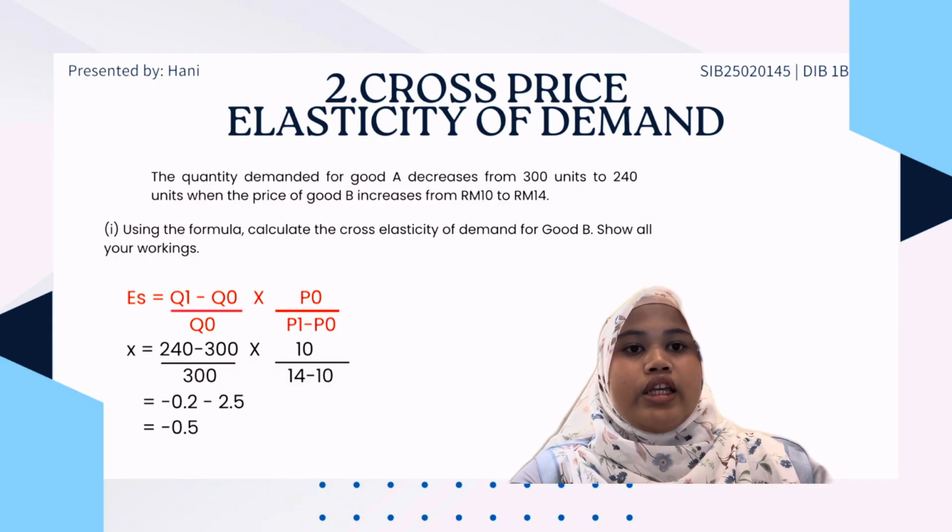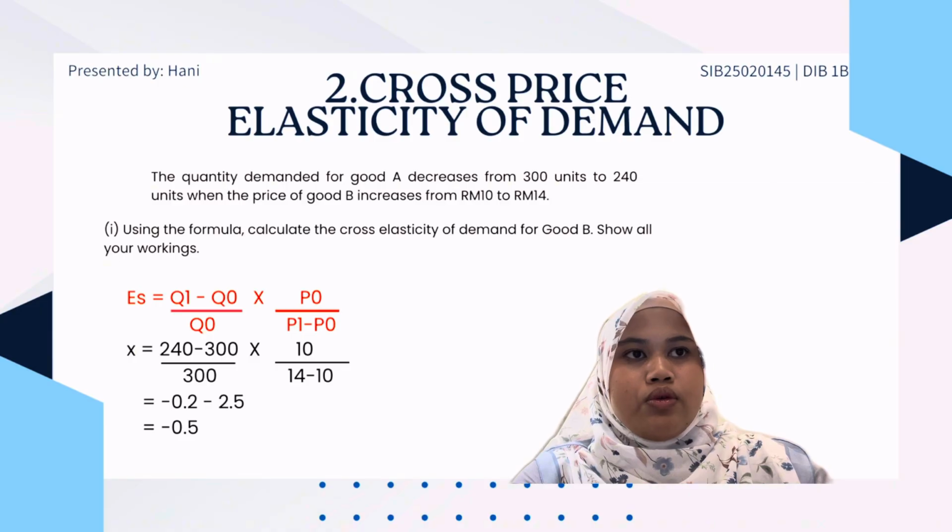The formula is (Q1 minus Q0) per Q0 multiplied by P0 per (P1 minus P0). So we must know Q0, Q1, P0 and P1 first. Q0 is the original quantity, which is 300 units, and Q1 is the latest quantity, which is 240.